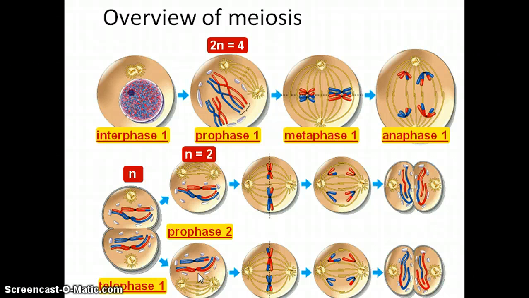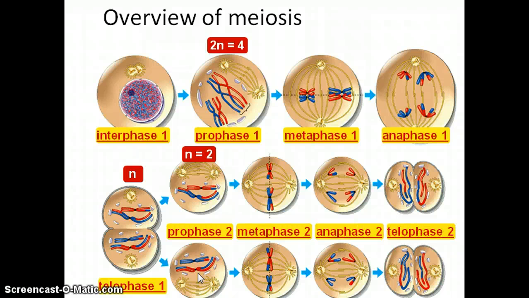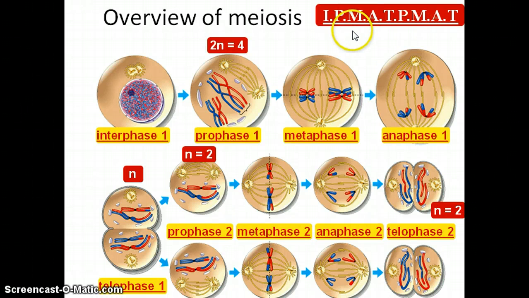So we have prophase 2, metaphase 2, anaphase 2, and then telophase 2, and then our final cytokinesis. It's important to remember we have the same PMAT process going on that we had in mitosis, but the only place that we have interphase is in the first meiotic set of reactions. This is our abbreviation.